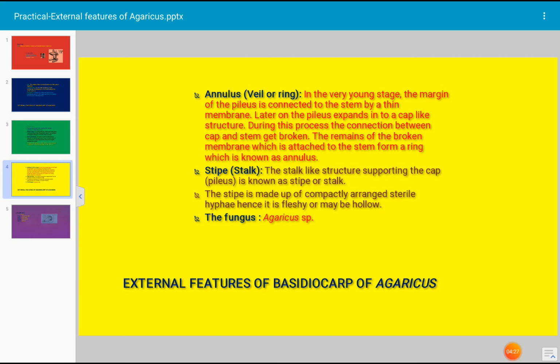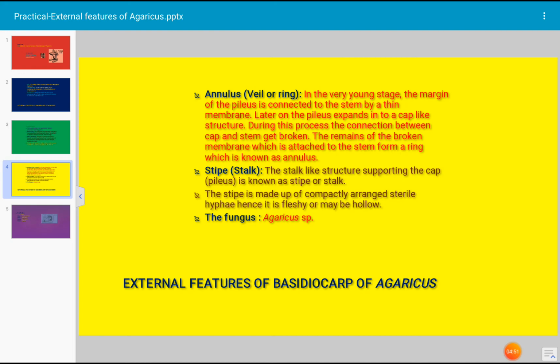Okay. The stalk of the fruiting body is also known as stipe. The stipe, the stalk-like structure supporting the cap or the pilus, is made up of compactly arranged sterile hyphae. Hence it is very fleshy and may be hollow.